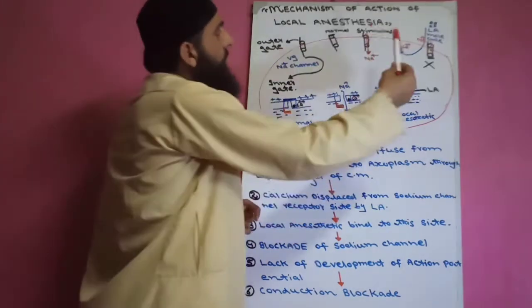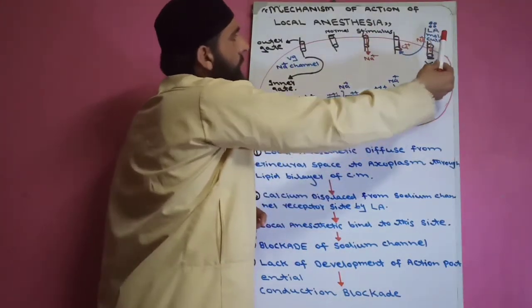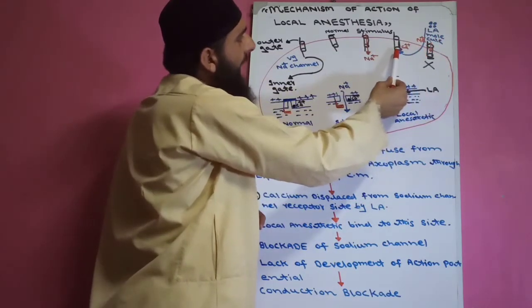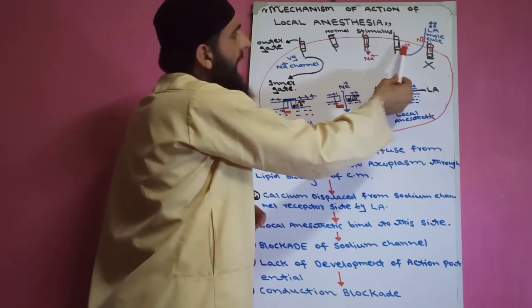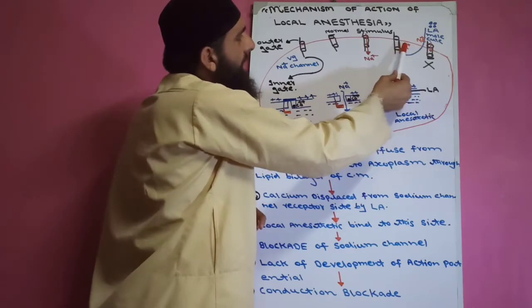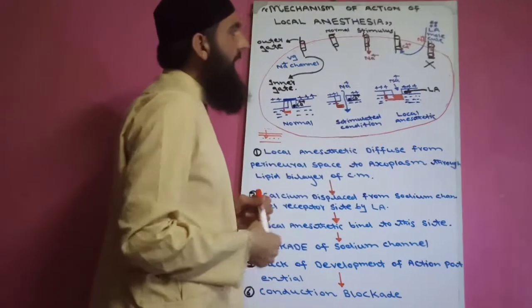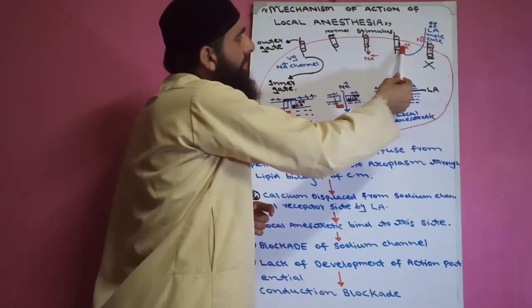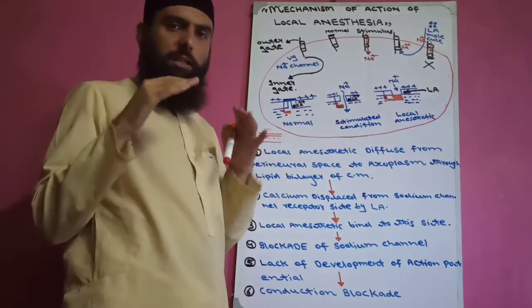Now, when we inject the local anesthesia molecule, it diffuses through the lipid bilayer and comes to the inner side of the sodium ion channel, and the local anesthetic molecule displaces this calcium ion and comes to this receptor on which calcium ion was already present.